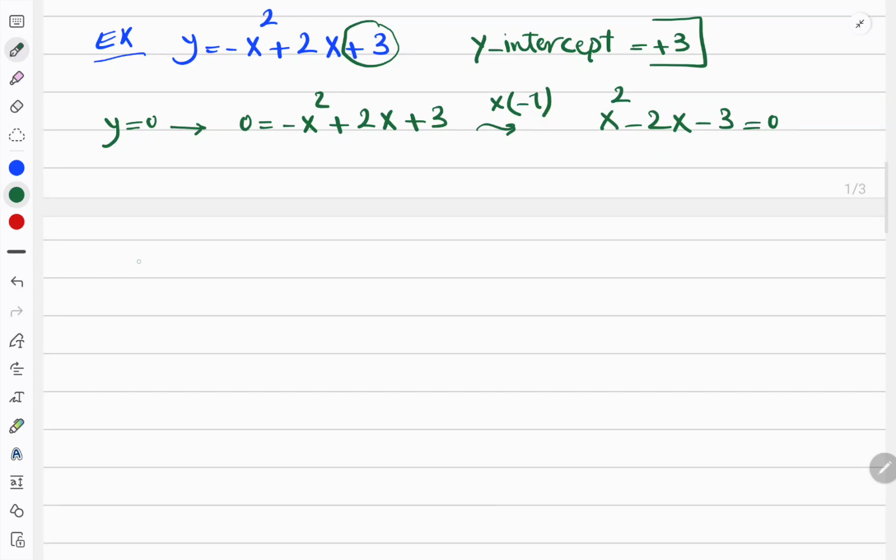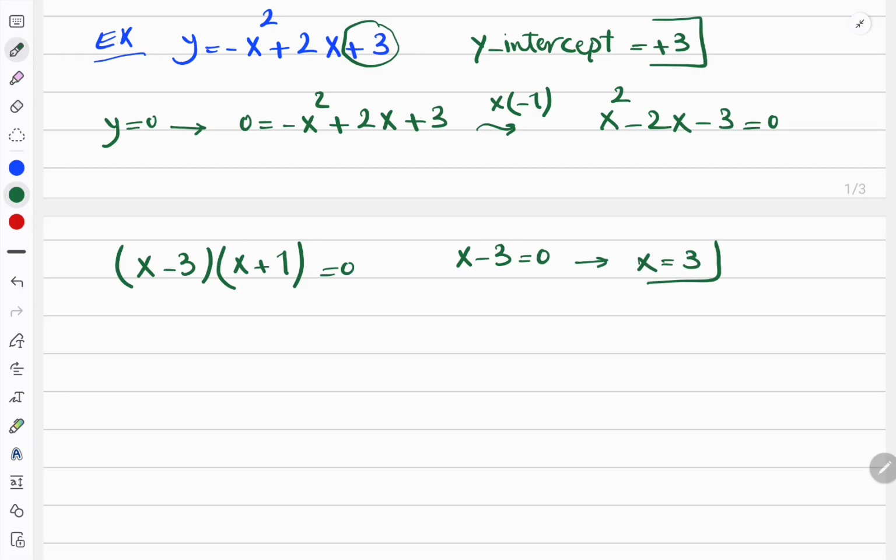According to the sum and product rule, we can factorize it as (x minus 3) times (x plus 1), because the product is negative 3 and the sum of them is negative 2. So x minus 3 is 0, x is positive 3, and x plus 1 is 0, x is negative 1. These are the x-intercepts of this graph.